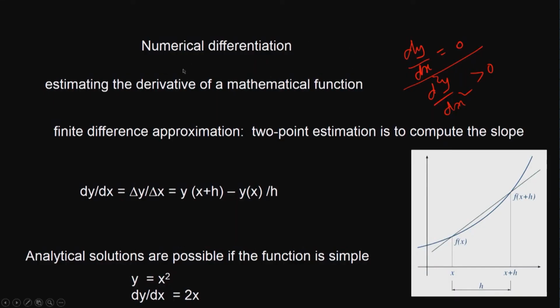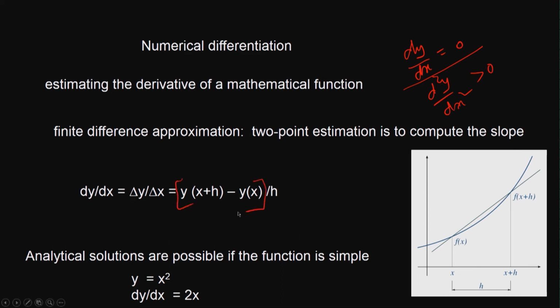So, generally if the numerical methods are followed, this is a first order 2-point estimation, dy by dx is equal to y at x plus h minus y at x, divided by h.